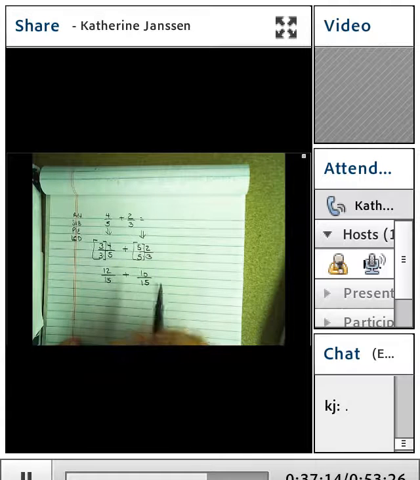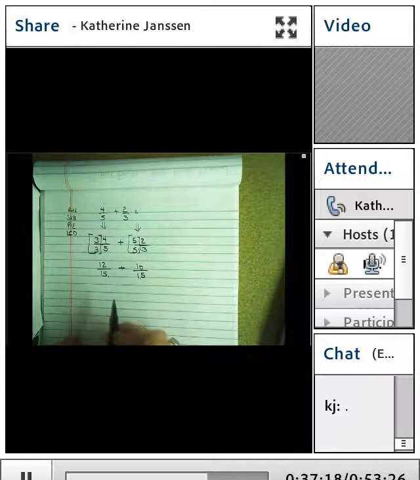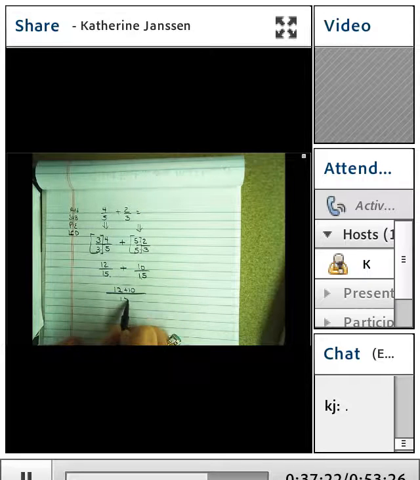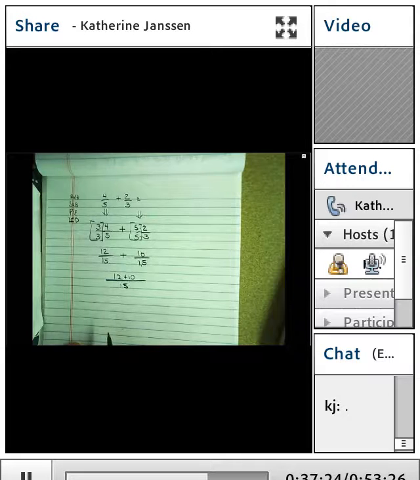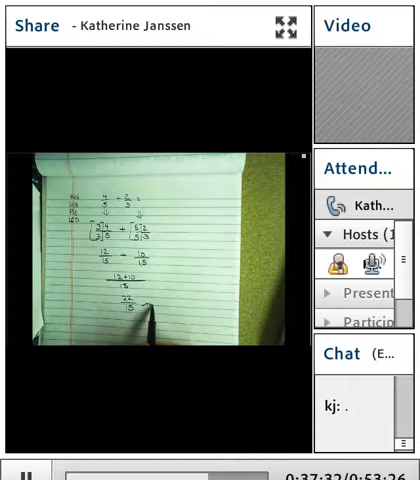So now, with my eagle eyes, I see that I do have a common denominator, so I can add my numerators all over a common denominator of 15. 12 plus 10 is 22/15. So he jogs 22/15 miles in total.